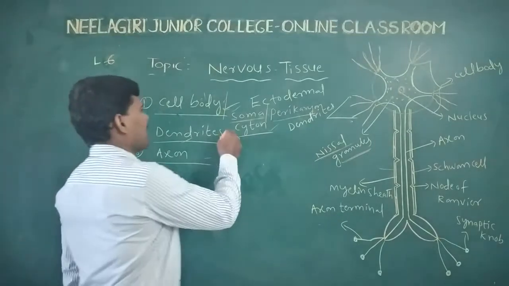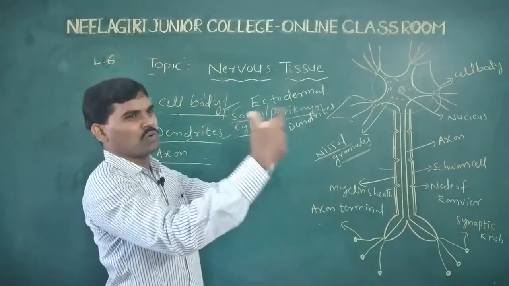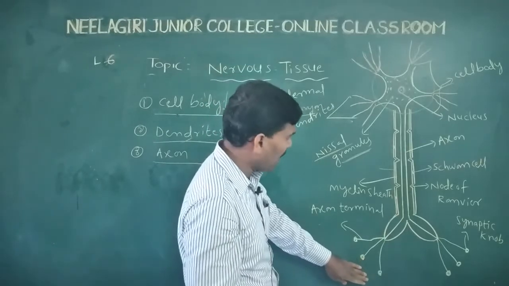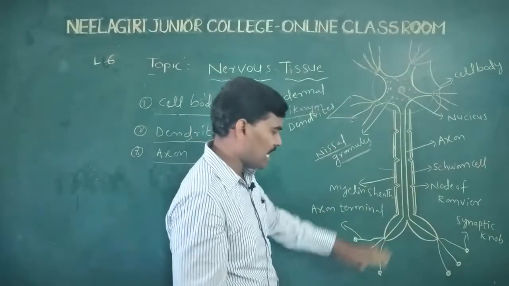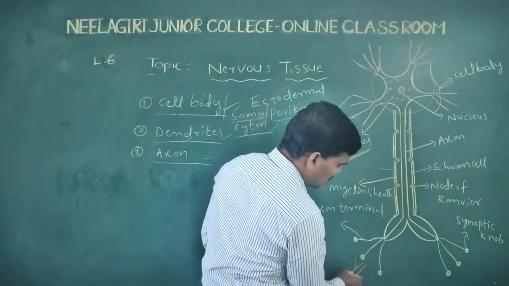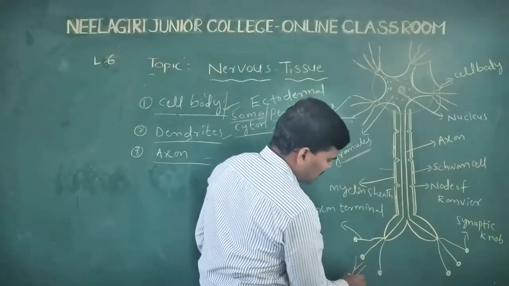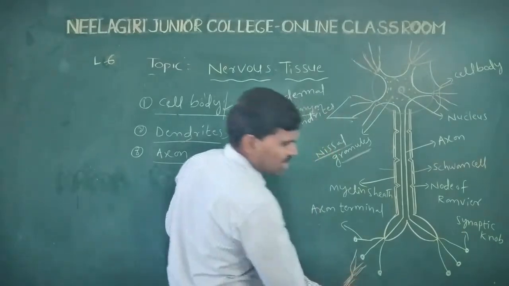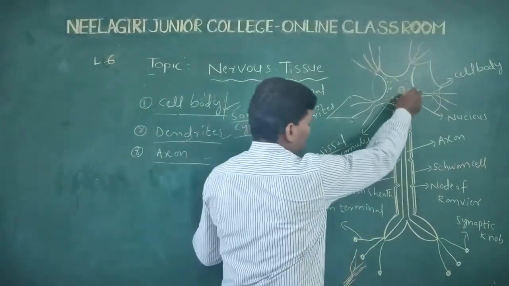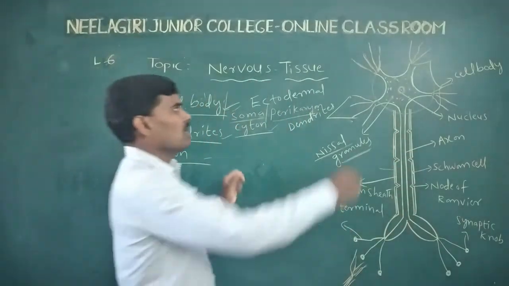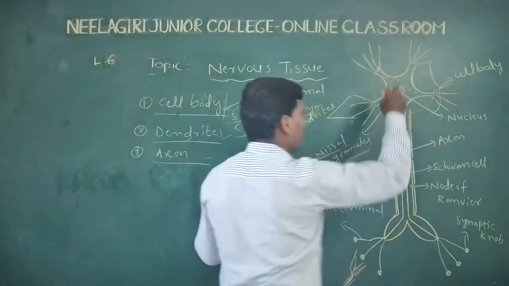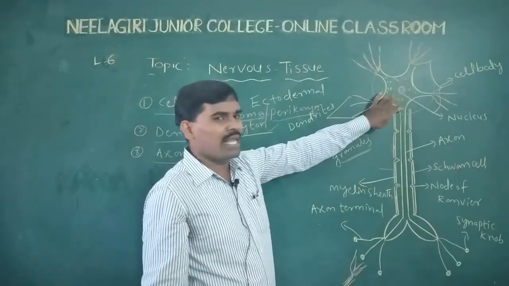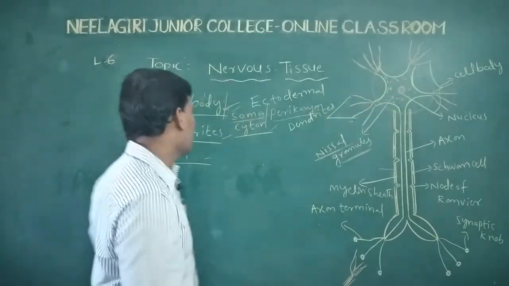The nerve impulse is received through neurotransmitters, and with the help of the dendrites it is sent to the cell body, or soma.